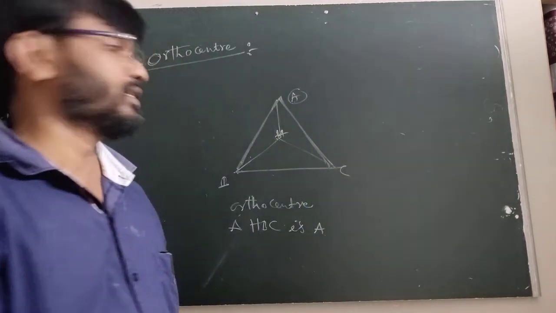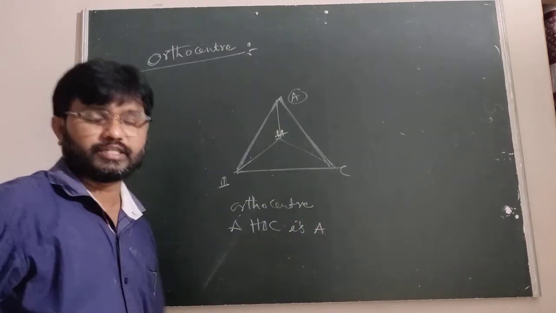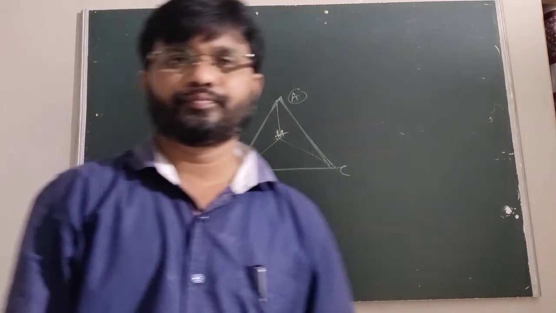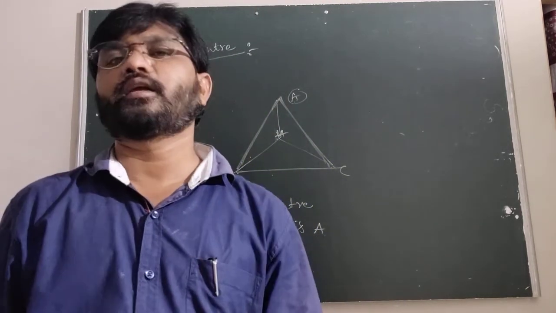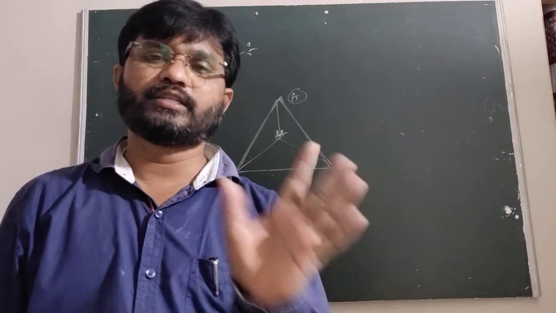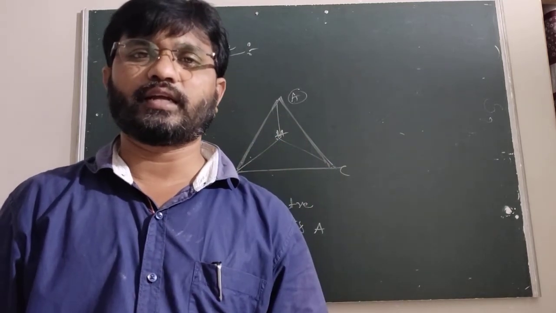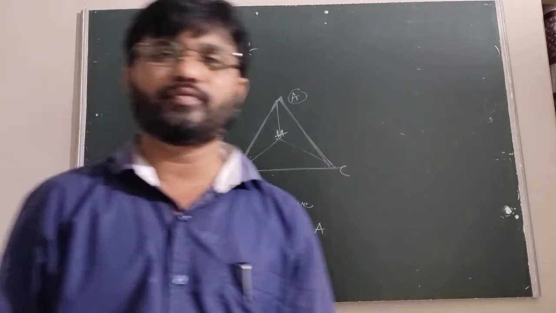Now we are going to discuss the incenter. Okay, orthocenter is the point of intersection of the altitudes. It is denoted by H. In a right angle triangle, the orthocenter is at the right angle vertex. In an acute triangle, the orthocenter is inside the triangle. If the triangle is obtuse, the orthocenter lies outside the triangle.